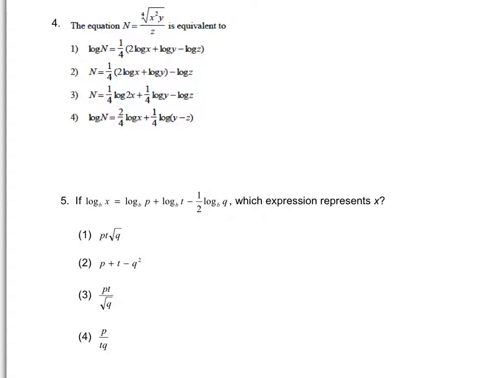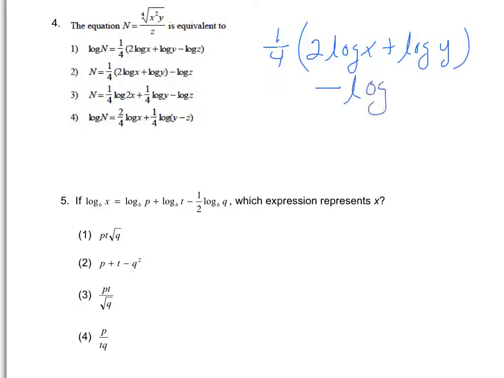I'm going to say 1/4, parentheses, x squared, so 2 log of x plus log of y, because multiplication means addition, close the parentheses because those are the only guys being fourth rooted, divided by, so minus log of z. So that would be choice, yep, you're correct, 2.